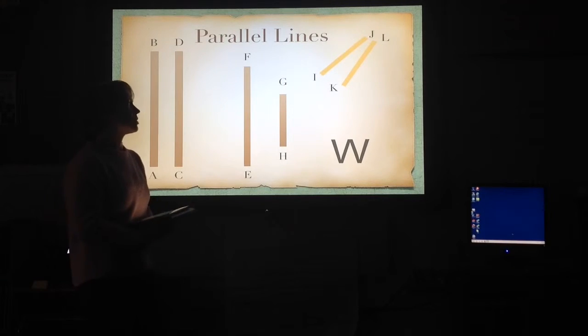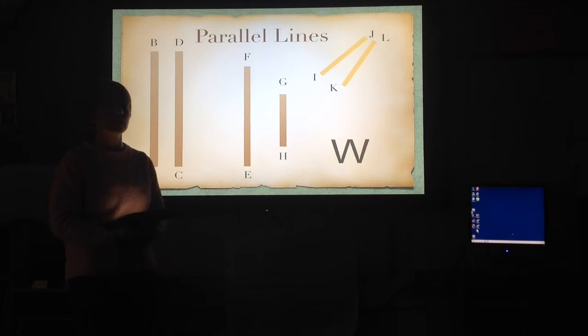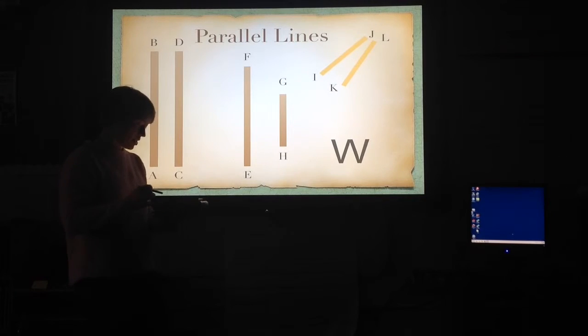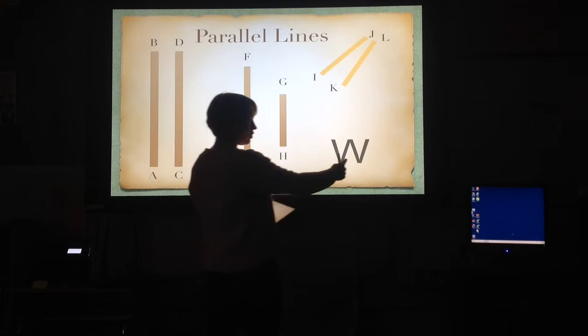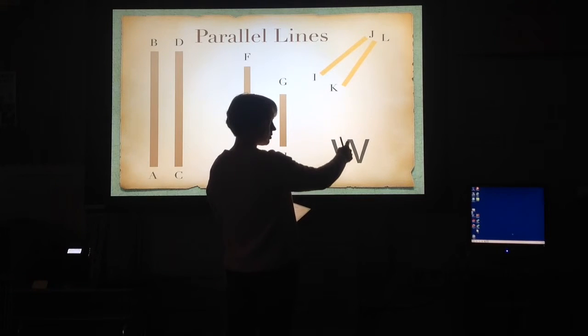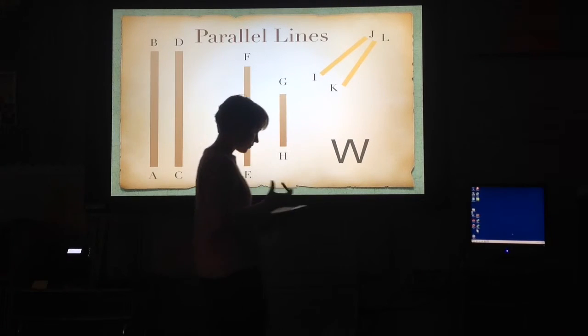Let's look at the letter W. Can you find any parallel lines in it? Two lines that go the same direction but never cross. I see some. If you look at these two, they intersect, right? So they're not it.